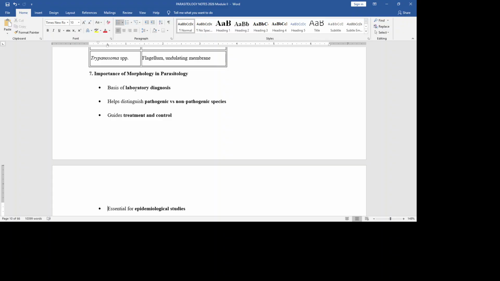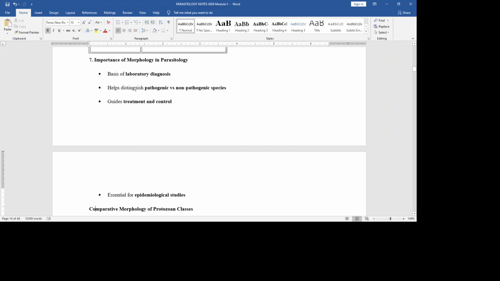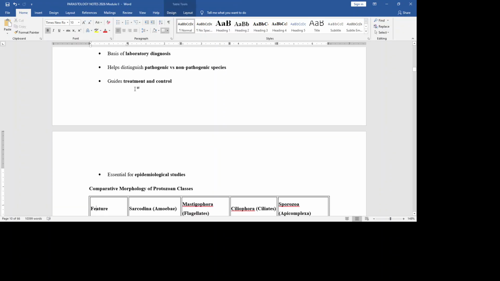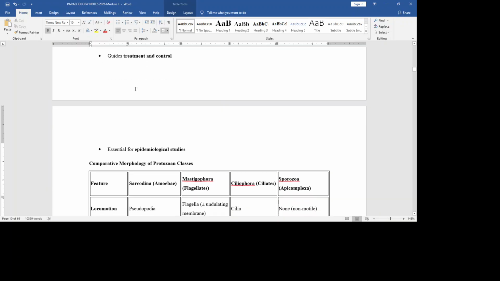Besides that, the morphology guides in the treatment and control of the parasite, and in the spread of diseases.